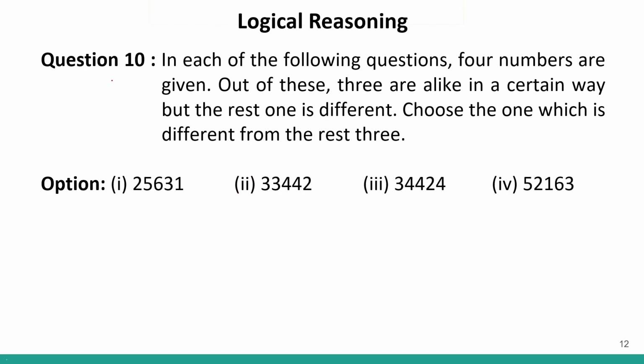Question number 10. Again, big numbers. I assume that we are doing sum or difference. So if I look at option number 1, we have 2 plus 5 plus 6 plus 3 plus 1. If I add these, 5 plus 6, 11. 11 plus 2, 13. 13 plus 3, 16. 16 plus 1, 17.